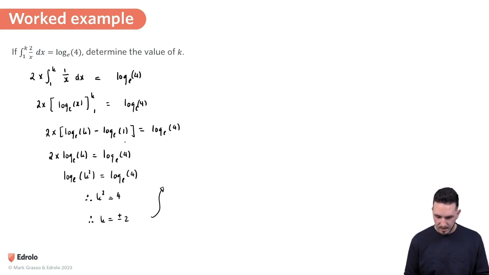And because k would, in this instance, have to be greater than 1, because 2 on x is technically a hyperbola, therefore there's an asymptote at 0, so it has to be greater than 1. So as k has to be greater than 1 in this particular instance, therefore k is equal to 2. And again, just to reiterate that message, you have a hyperbola, so it's going to look something like so.